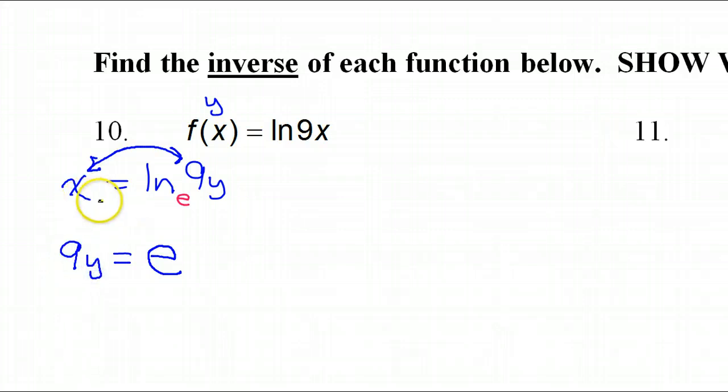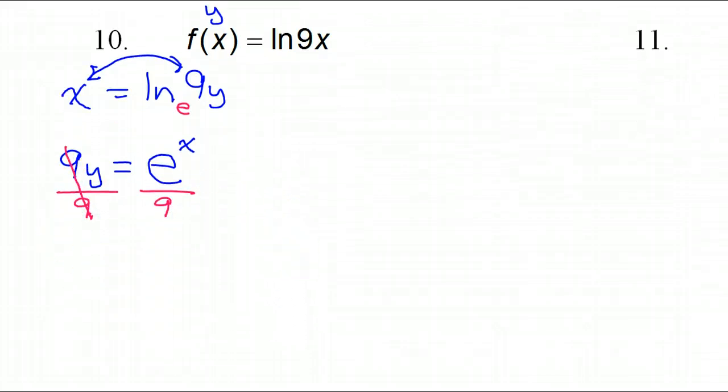The x is going to come over here and become the exponent. So trying to get y by itself, we will divide both sides by 9. So that is going to give me y equals e to the x power over 9.